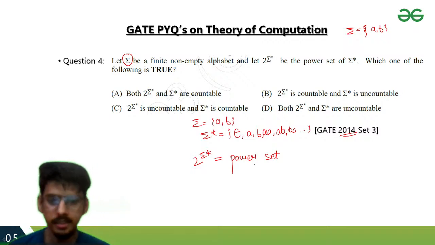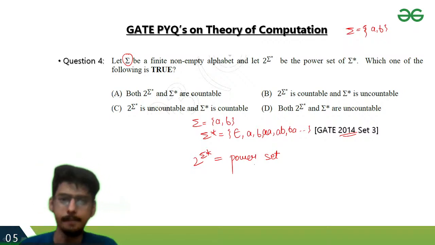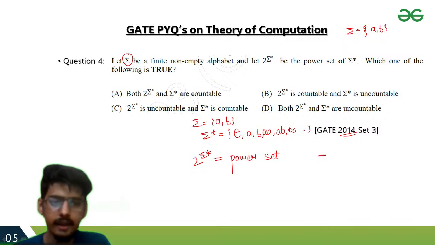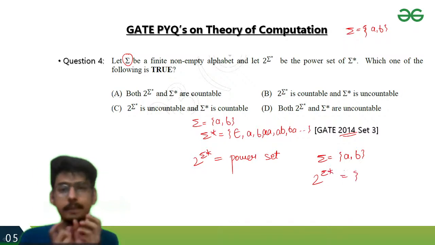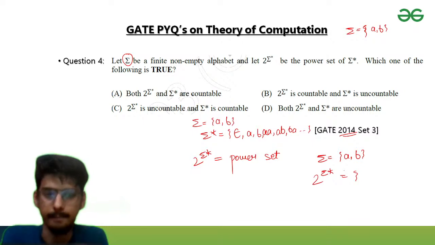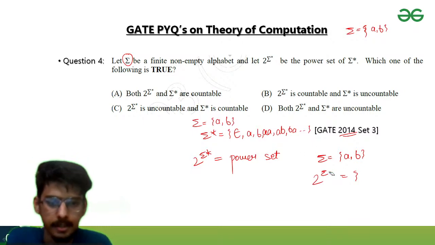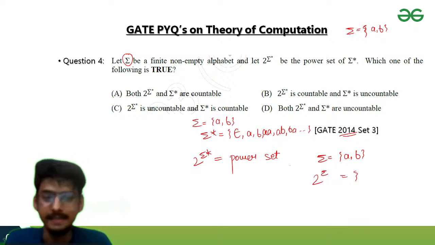I hope you get this point. Now what is this power set? Let's suppose sigma equals a comma b. I'm explaining the power set of sigma, not sigma star. Sigma and sigma star are different, and 2 to the power sigma star is different from 2 to the power sigma.